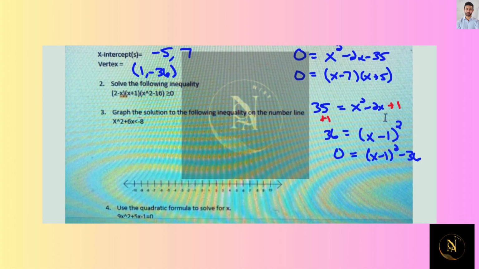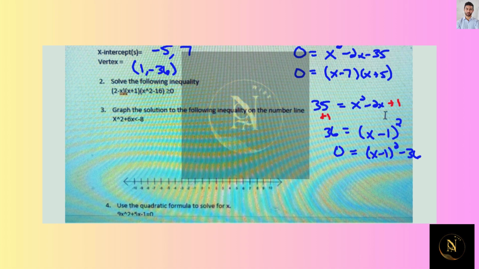Number 2, solve the following inequality. Well, based on the information, we have critical points at 2, because that'll create a 0, at negative 1, and at 4 and negative 4, because this is the same thing as x minus 4 times x plus 4.